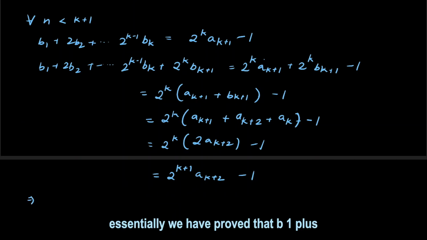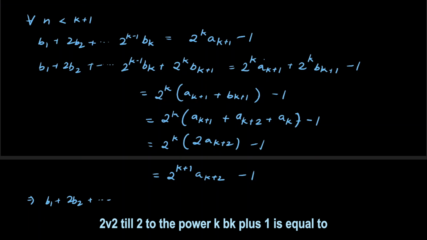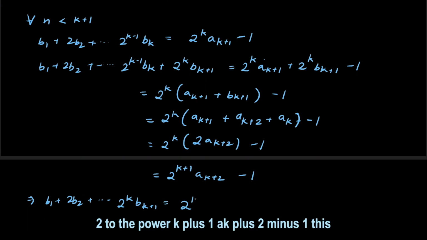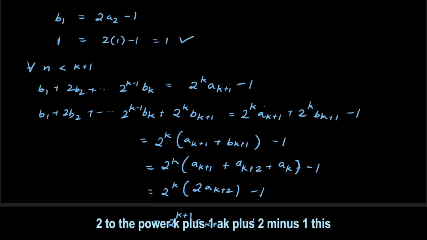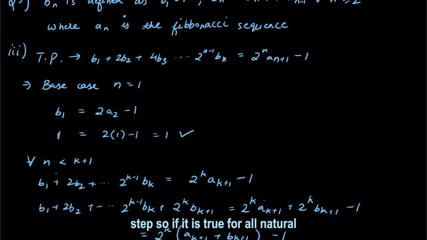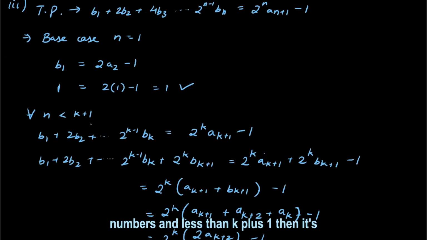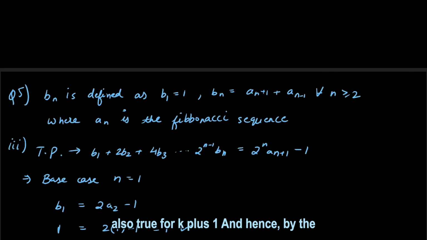So essentially we have proved that b_1 plus 2b_2 till 2 to the power k b_{k+1} is equal to 2 to the power k plus 1 a_{k+2} minus 1. This is basically the proof of the inductive step. So if it is true for all natural numbers n less than k plus 1, then it's also true for k plus 1. And hence, by principle of mathematical induction, we can say that the statement is true for all natural numbers n.